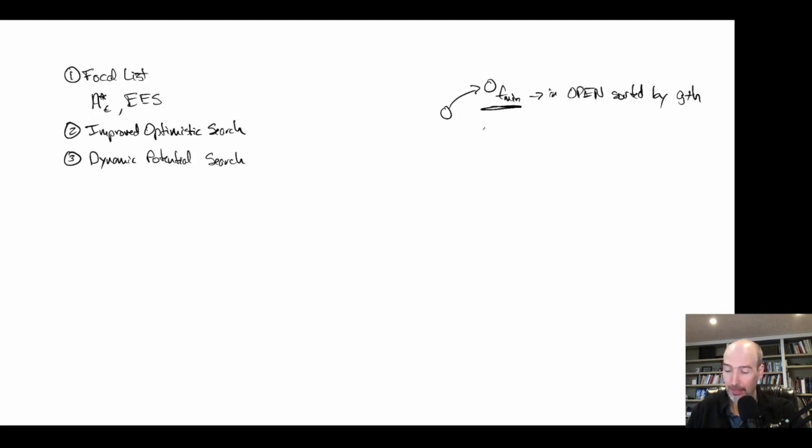Because the heuristic is consistent and admissible, I know F min has to be less than or equal to C star.